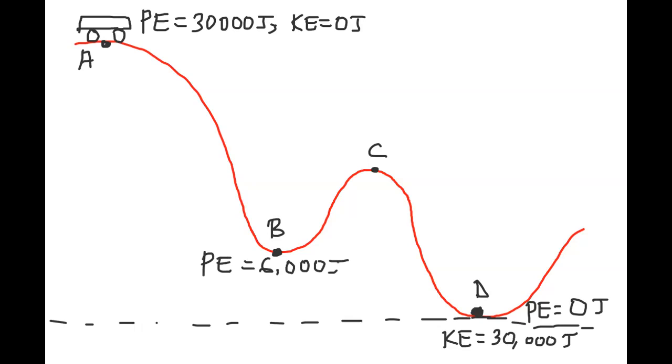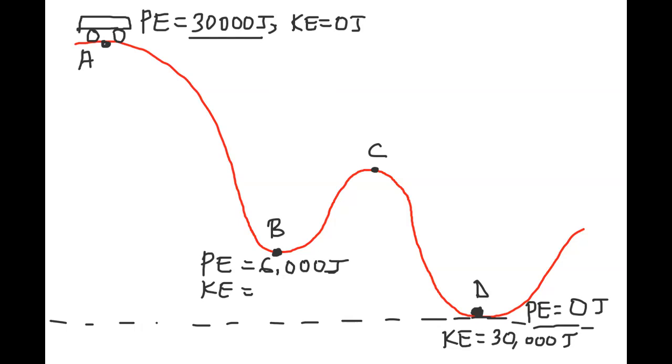What can you say about the kinetic energy? Well, as you have seen, if we ignore air resistance and friction on the surface, the sum of potential energy and kinetic energy remains the same. In this case, we can find kinetic energy by subtracting 6,000 joules from the 30,000 joules.